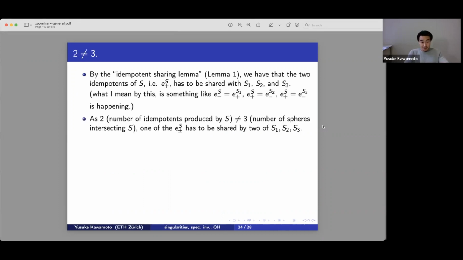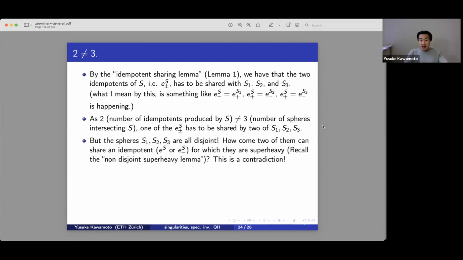But the thing is that 2, which is the number of idempotents produced by S, is not equal to 3, which is the number of spheres intersecting S. So this tells you that one of S minus or plus has to be shared by two of the spheres S1, S2, S3. But then S1, S2, S3 are all disjoint.